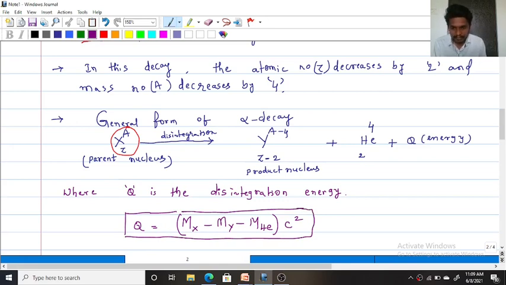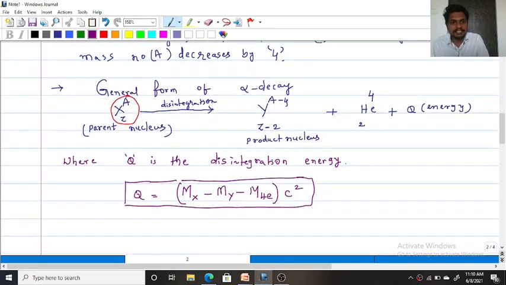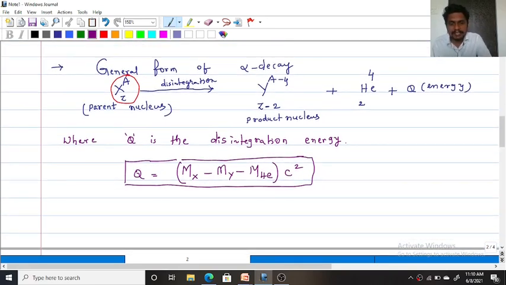This is the way to find the disintegration energy or liberated energy.